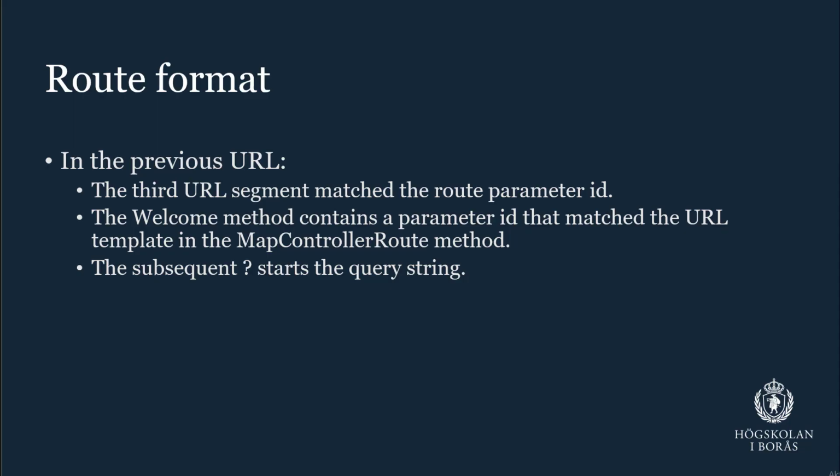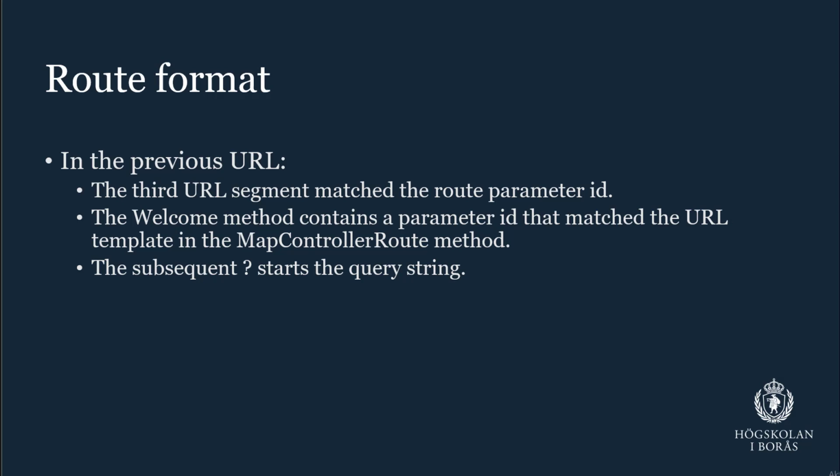In the previous URL example, when we typed it in, the third URL segment matched the route data parameter ID, which is contained within the MapControllerRoute method which we previously looked at. And what happens is that the Welcome method contains a parameter ID that matches the URL template in the MapControllerRoute method. The subsequent question mark starts the query string.